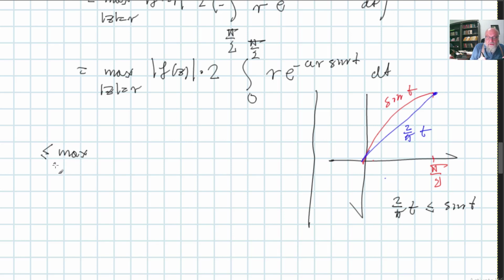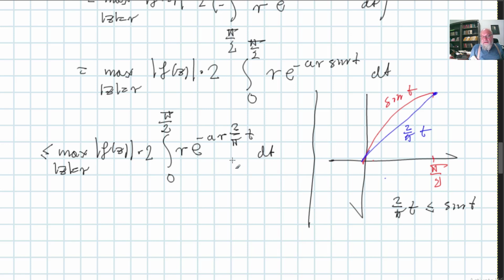This will be the maximum over |z| = R of f(z) times 2, and here I have the integral from 0 to pi over 2 of R e^(-aR 2/pi t) dt. And now this integral is computable, so you can actually evaluate it.